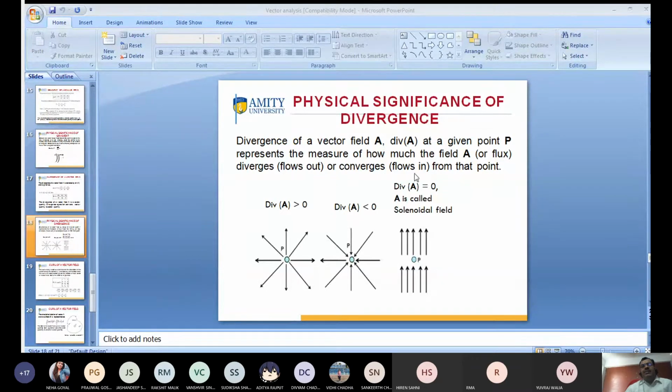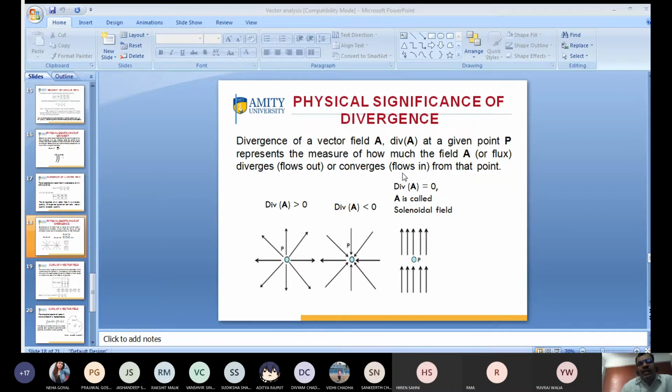If divergence of A is equal to 0, it does not diverge, it does not flow out, and it does not converge. In this condition, if the divergence of a vector quantity is 0, that vector is said to be solenoidal. This question is very important. Sometimes it is asked: suppose vector A is given, prove that it is solenoidal.